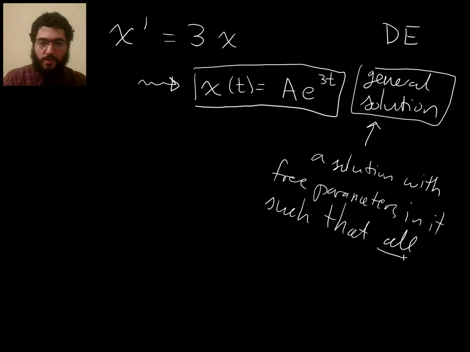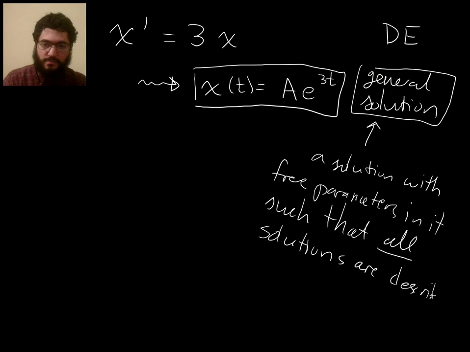Such that all solutions are described. It's a bit of weird terminology. I actually really don't like the terminology general solution, because it makes it sound like it's one solution. It's really a family of solutions. So it's a little bit weird to say a solution. It's a family of solutions parameterized by some parameters.